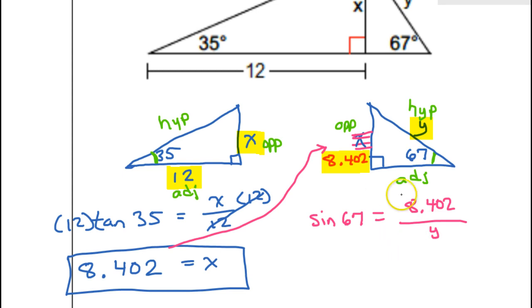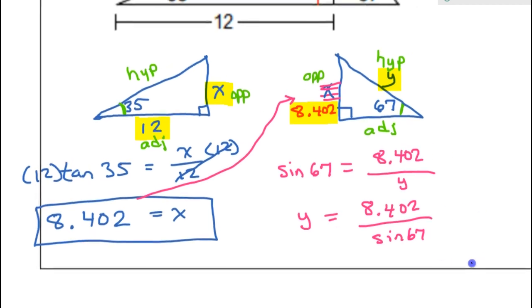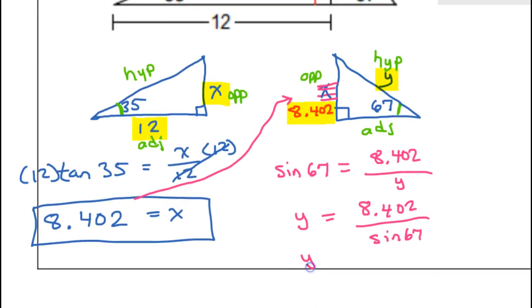When the variable is in the denominator, this is when you swap these. So this is going to give you y is equal to 8.402 over sine 67. And then you can just put that in your calculator.